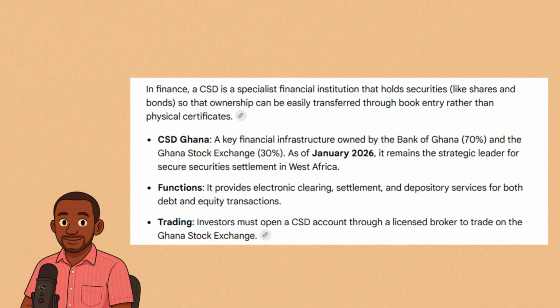So instead of carrying around paper certificates, everything is kept electronically on your phone or computer. Here in Ghana, we have the CSD. So when you create an IC Wealth account, you will need that CSD account as well. Their job is to safely keep records of your shares, both locally and internationally. That's the work of the CSD.